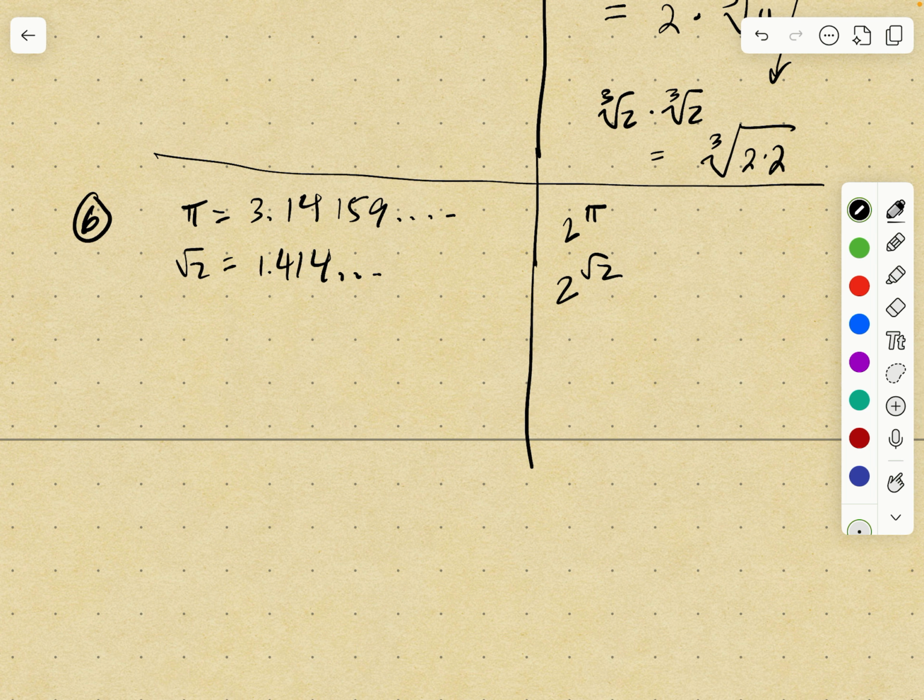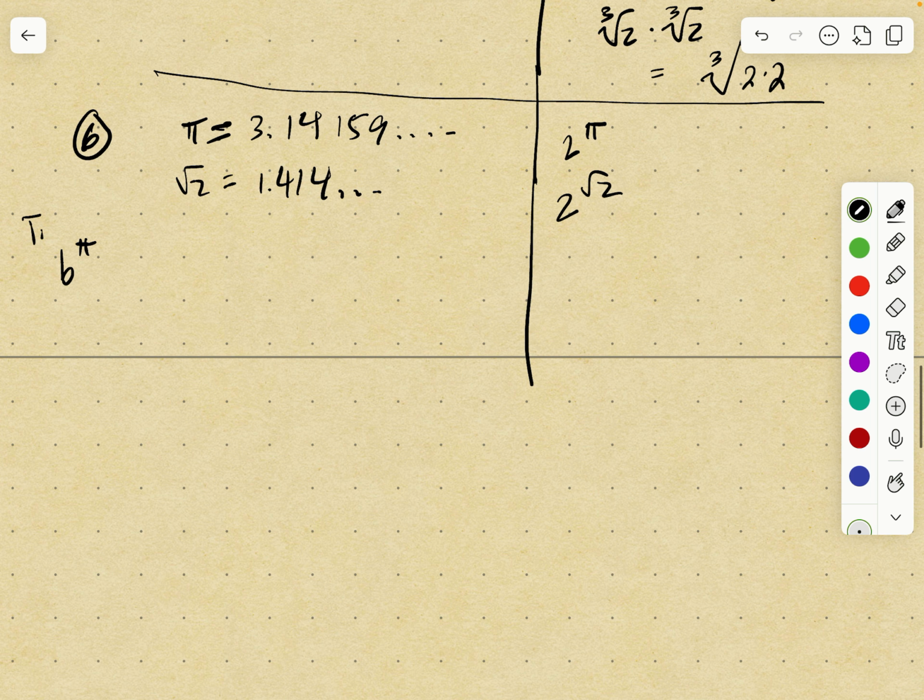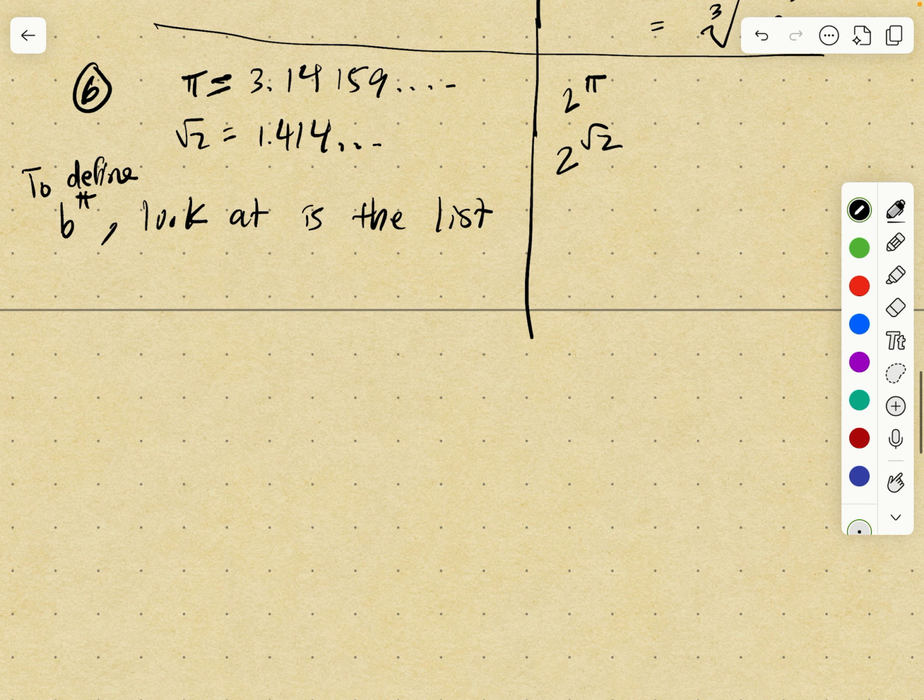So the way we define it, I'm just going to write out the examples for pi and the square root of 2 instead of just writing out a general formula. The way we define something like 2 to the pi, or b to the pi, is we make a table. So to define b to the pi, what we look at is the list, or you could put this in a table, b to the third power, then b to the 3.1 power.